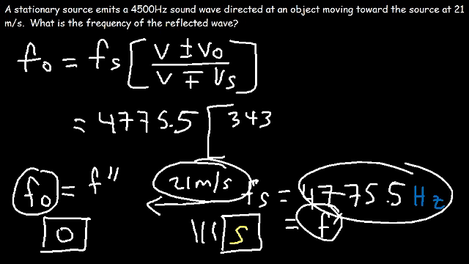And since the source is moving towards the object, the frequency should go up, which means that the denominator should go down in value to increase the frequency. So we need to use a negative value to decrease the value of the denominator. So it's going to be 343. The observer, which is the original source, is stationary, so there's no Vo, but Vs is 21.